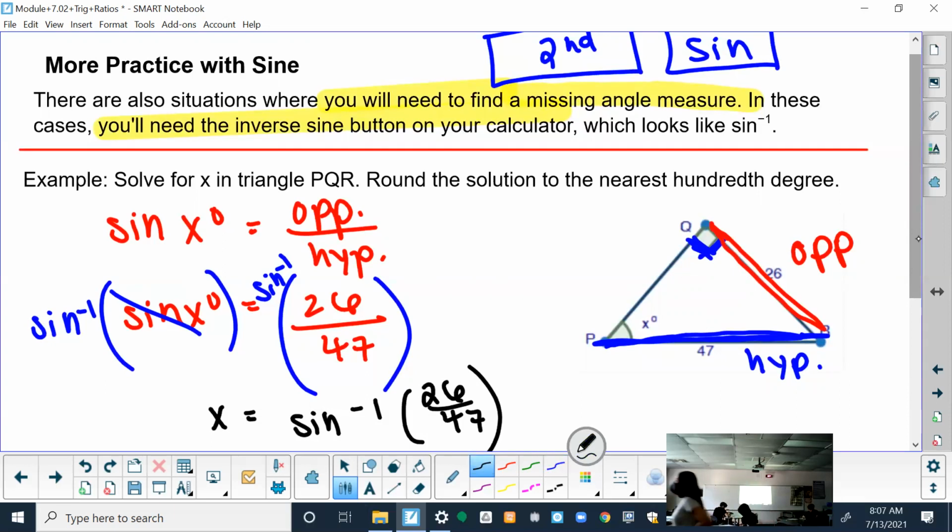So don't shout out the answer, just enter it and see if you get the same thing. Everyone practice entering it. You'll hit the second, the blue button, and then you'll hit sine. In the parentheses, you'll put 26, division sign, 47, close parentheses, enter.